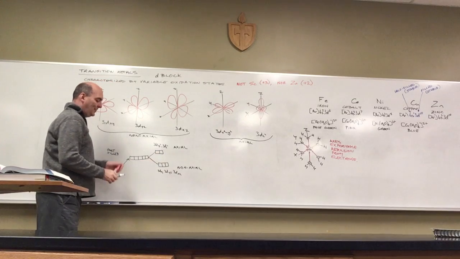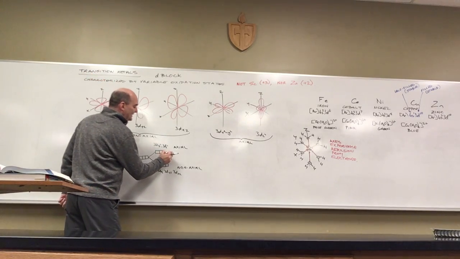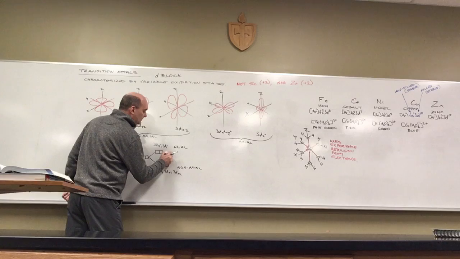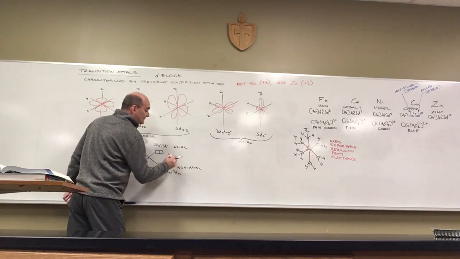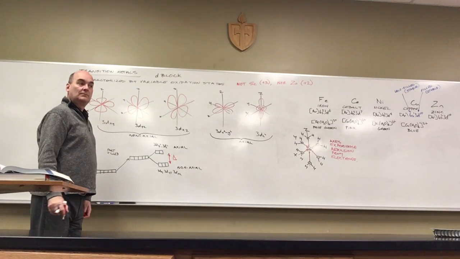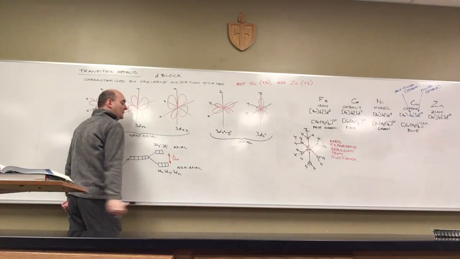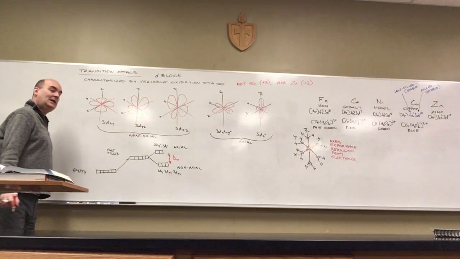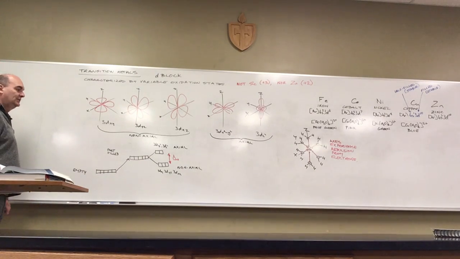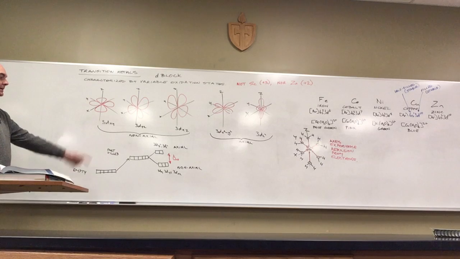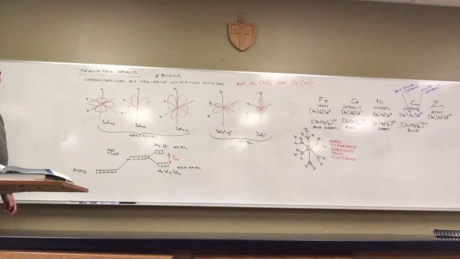So this is going to split this gap called delta. And because that's an octahedral split, that's delta O. That is the energy gap created because you have an octahedral geometry in your molecule.